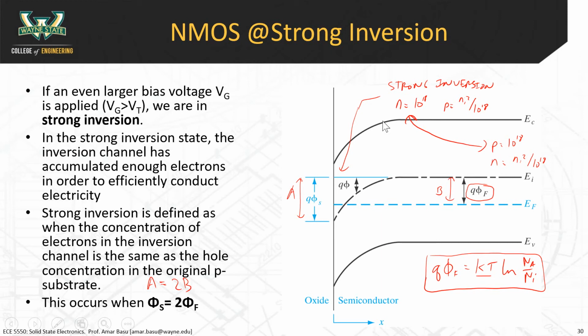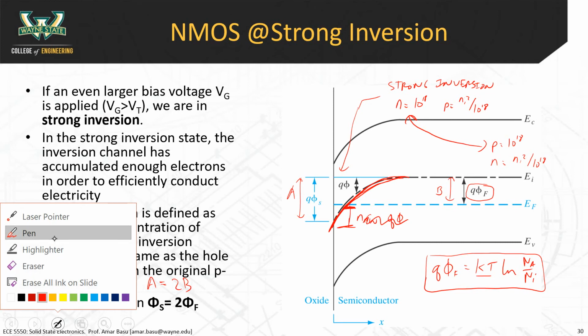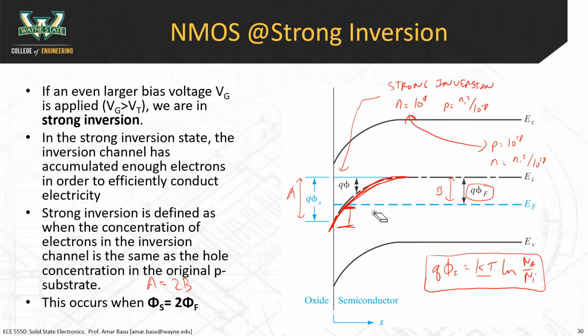If you have an n-type material that is basically the mirror image of the p-type material, then in terms of the energy band diagram, the amount of bending in EI has to be twice q phi F, because we want this distance here to also be equal to q phi F. Here, let me clean this up and explain this. phi S refers to the amount of bending that we need.